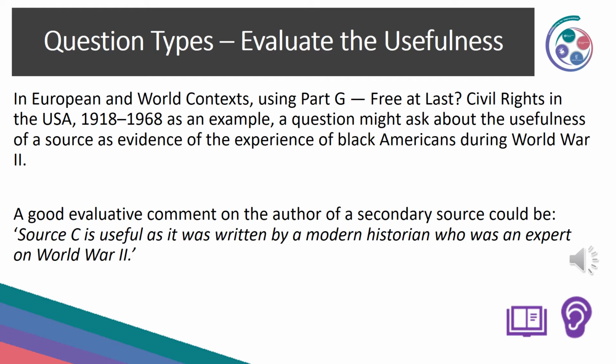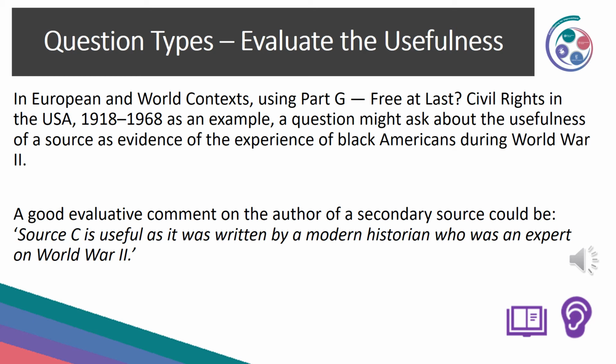We're now going to take a look at a couple of examples of authorship. In the European and world context, using Part G, Free at Last, as an example, a question might ask about the usefulness of a source as evidence of the experience of Black Americans during World War II.